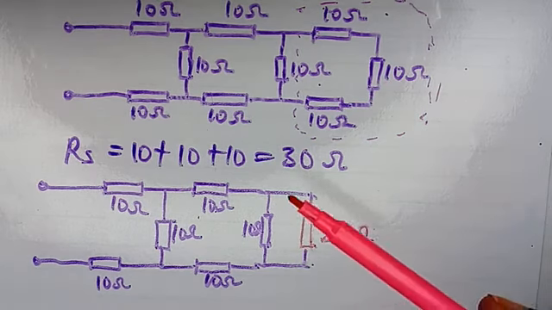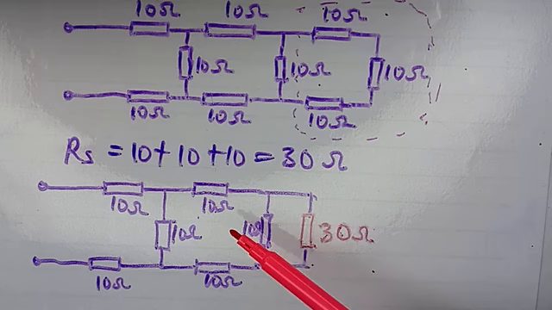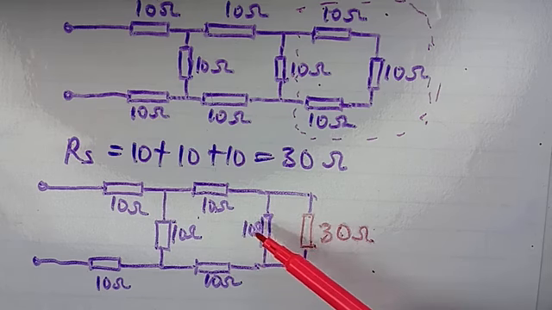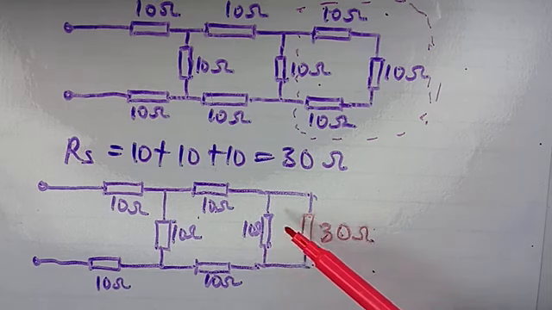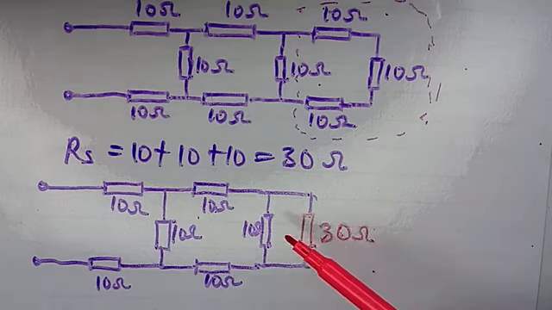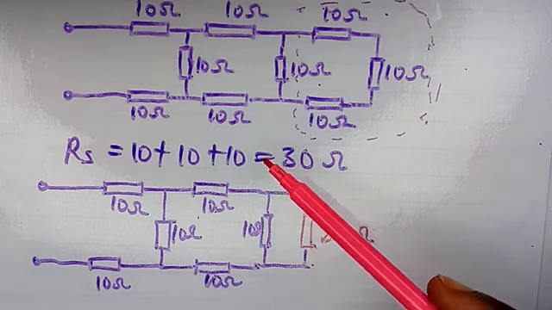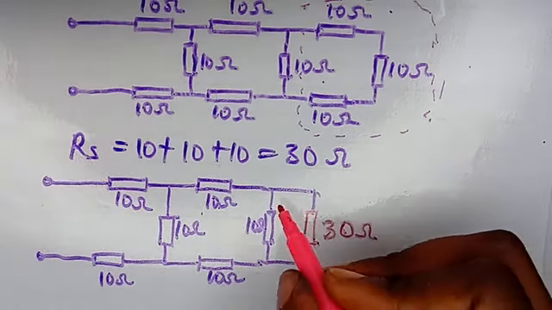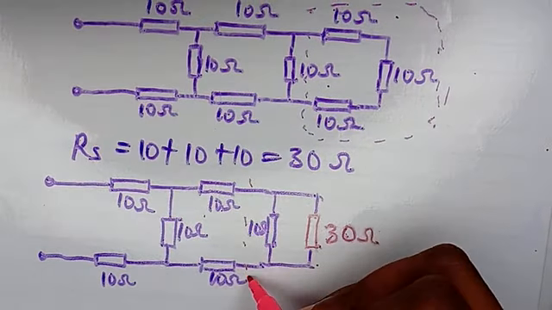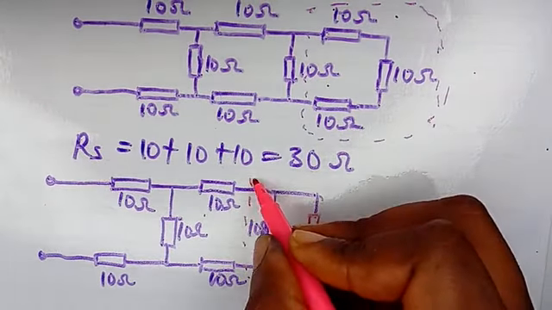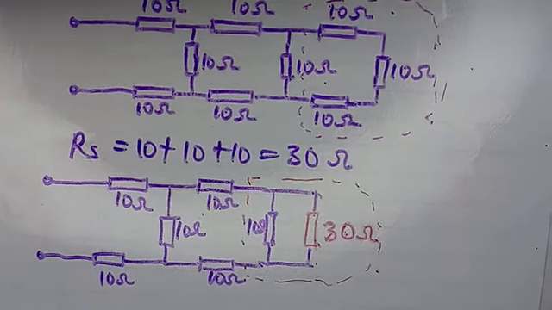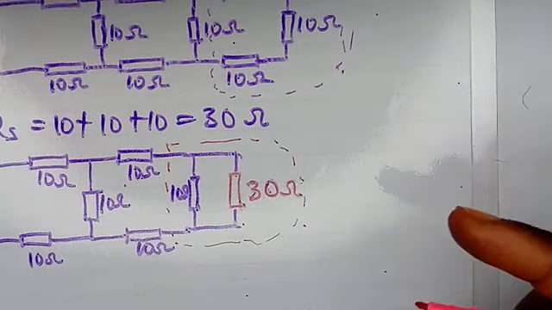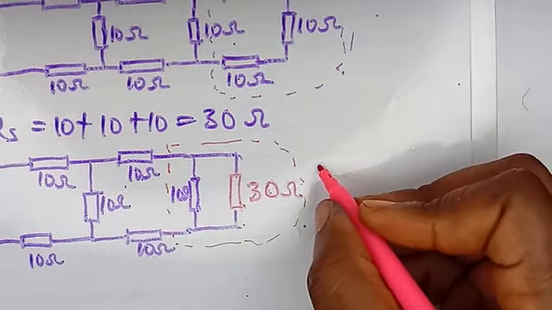Okay, so we can now see, starting from this end, remember this is 10 ohms, this is 30 ohms, we can see that what we have here is two parallel resistors at this end. So let me draw a boundary line to show where we are looking. All we can see is this at this end, and we have to get the equivalent resistance for these two. Very good.